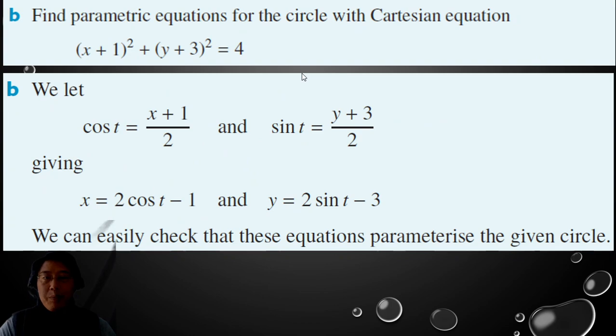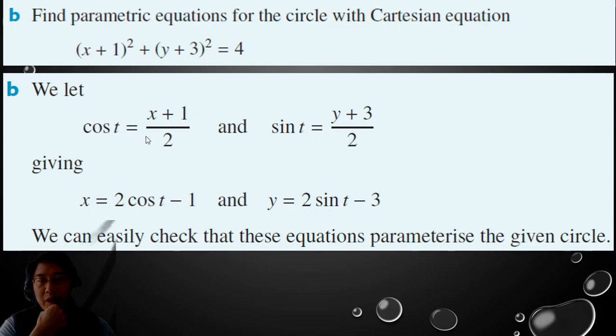Alright, with part B, you should make it equal to 1. So you divide everything by 4, and you include the 4 inside those squares, so that becomes a 2 because 4 equals 2 squared. So that will be (x plus 1) over 2 and (y plus 3) over 2.